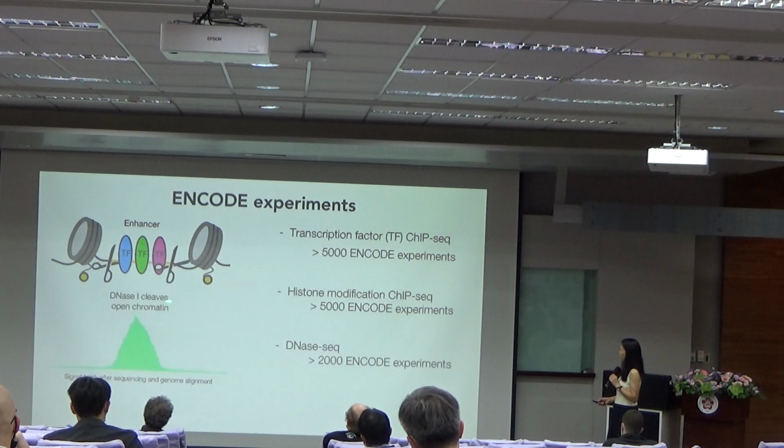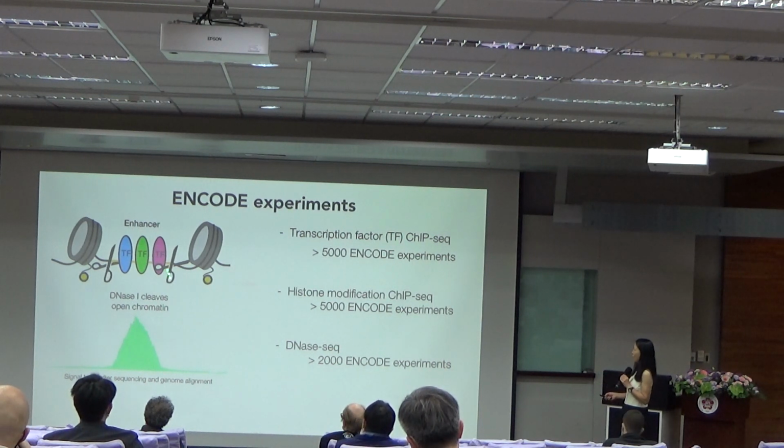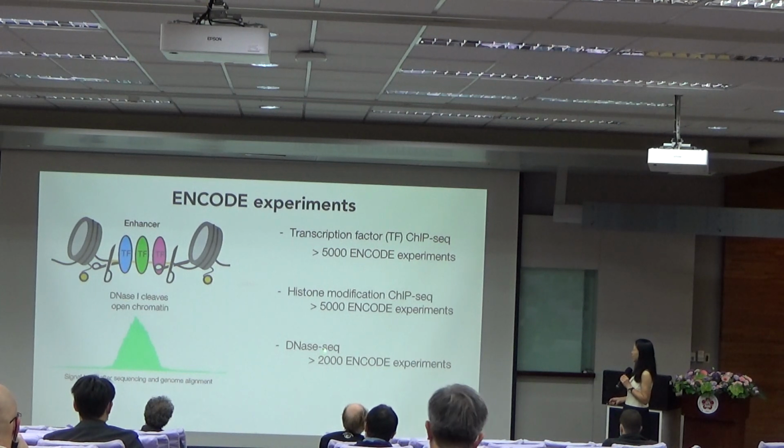Lastly, I want to mention open chromatin regions. Enhancers are typically regions of open chromatin because the nucleosome has been dissolved in that spot. You lose one nucleosome there. These regions can be easily detected by assays such as DNase-seq, using the endonuclease DNase.